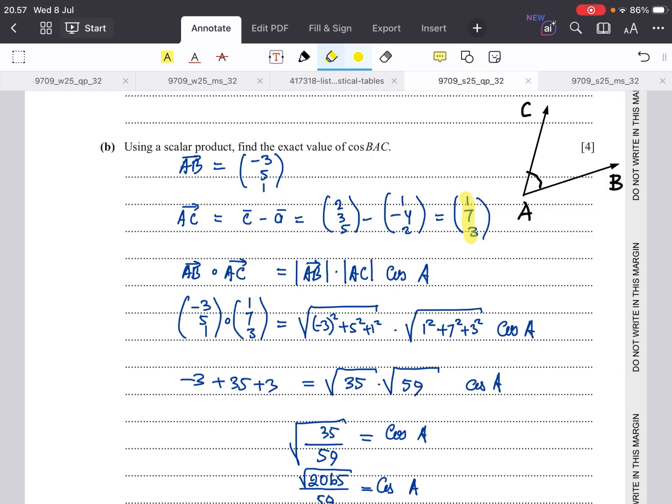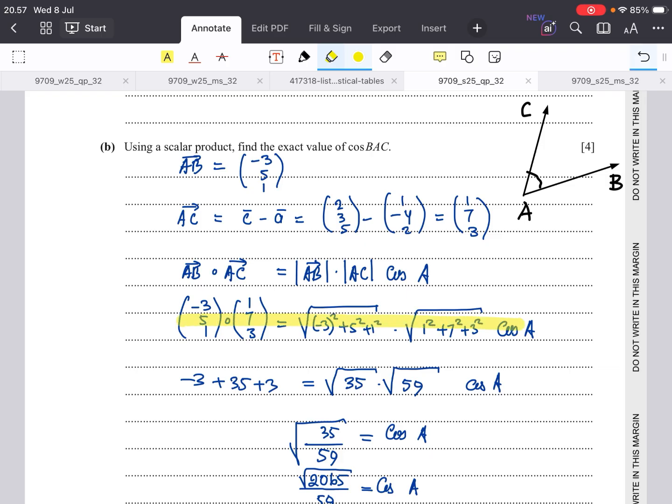So the vector AC is 1, 7, 3. And then in order to find angle A, we can use scalar product or dot product. Vector AB dot vector AC is the magnitude of AB times magnitude of AC cos A.